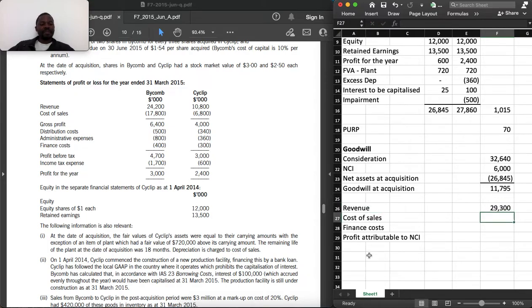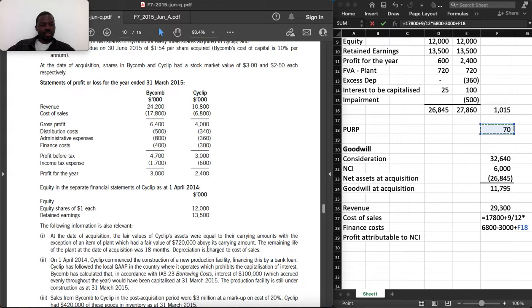We get that figure. Then for our cost of sales, we take the cost of sales of the parent, 17,000. We add 9/12 of the cost of sales of the subsidiary, which is 6,800. We less the intergroup sales of 3,000. We add the PAP of 70. We are also told under note number 1 here that depreciation is also charged to cost of sales.